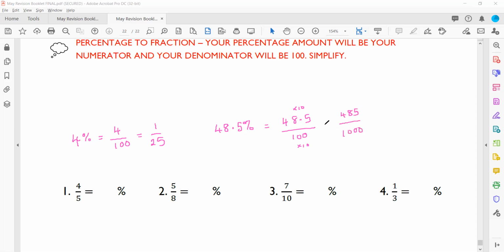So 48.5% is 485 1,000ths, and you could simplify that down by dividing by 5 to 97 over 200. That would be how you would do that there. Okay, so that's how you would go from a percentage into a fraction.